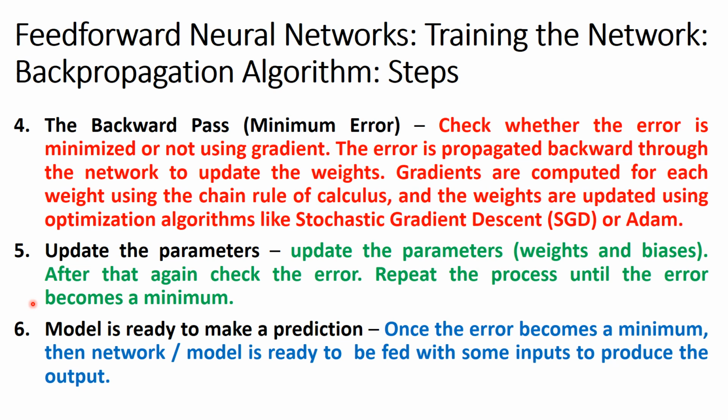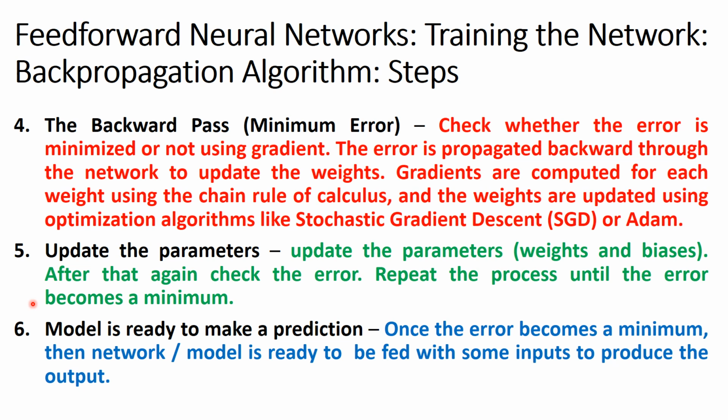Step number 4 in the backpropagation algorithm, the backward pass minimum error. Check whether the error is minimized or not using gradient. نختبر إذا كان الخطأ وصل لمينيمم ولا لا عن طريق الجريدينت.